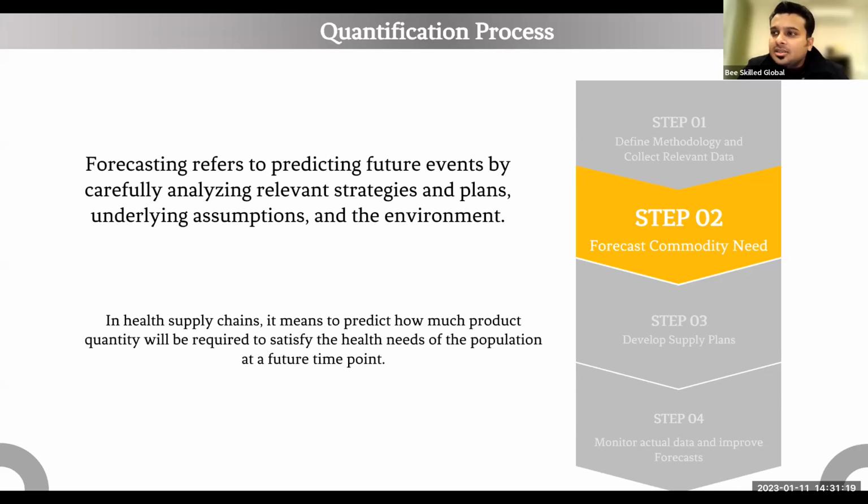Forecasting happens everywhere: in your house, in sports, in the stock market, in the financial sector, and also in health and in any supply chain. We try to estimate how much product we would need in a program in the future. That is what forecasting is.